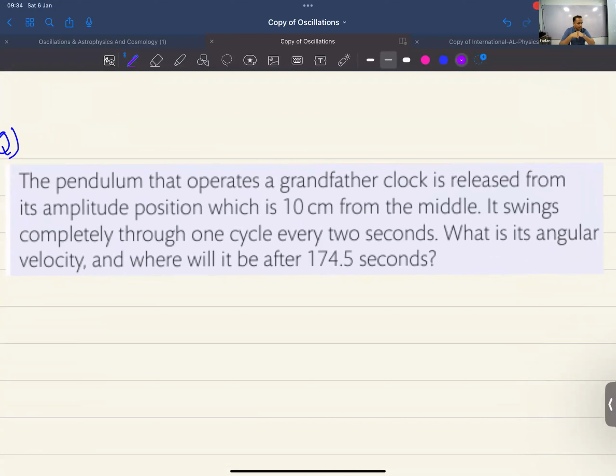It swings completely through one cycle every 2 seconds, full stop.